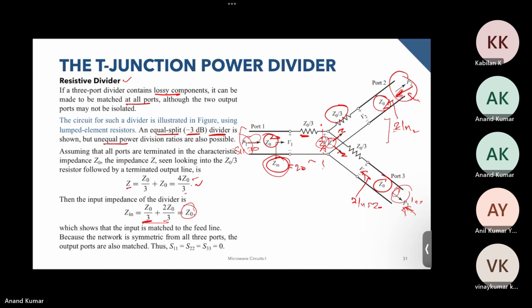This can be seen from the symmetry, and we just calculated it from Z in over here. So all the ports are matched, and this implies that all the S parameters, S11, S22, and S33, since they are matched, are equal to 0. This was not true for the previous lossless case.